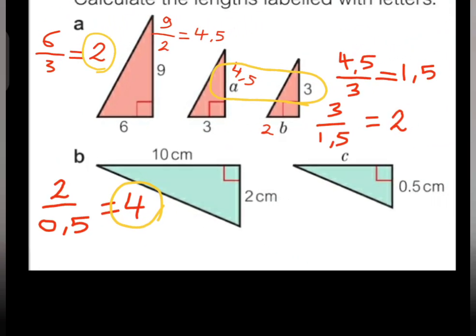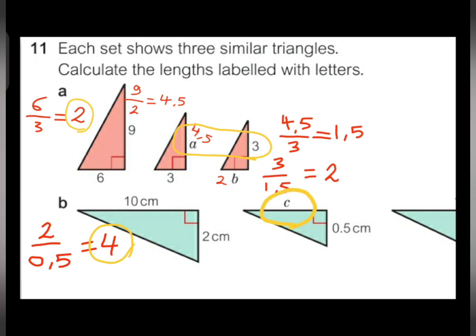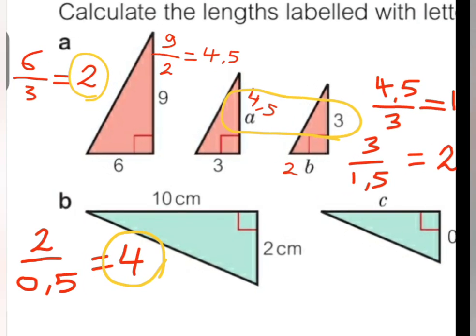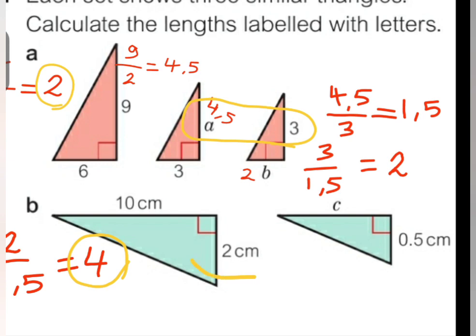Now, we're going to use it to find the length of C. How do we do this? As we said, 2 is bigger than 0.5. So normally, 10 is bigger than C. And we are trying to find C, which is the small side. And because it's the small side, we're gonna, very good, take the 10, divide it on the scale.